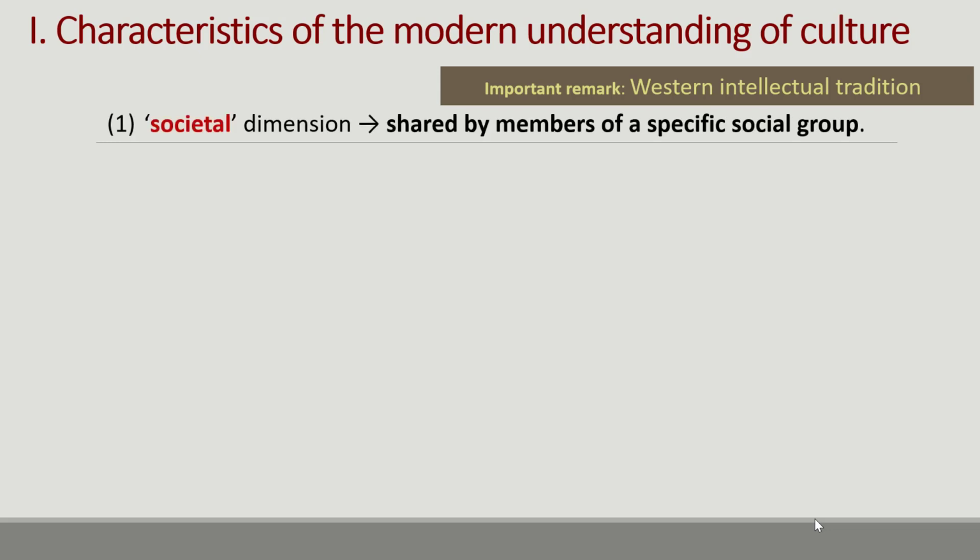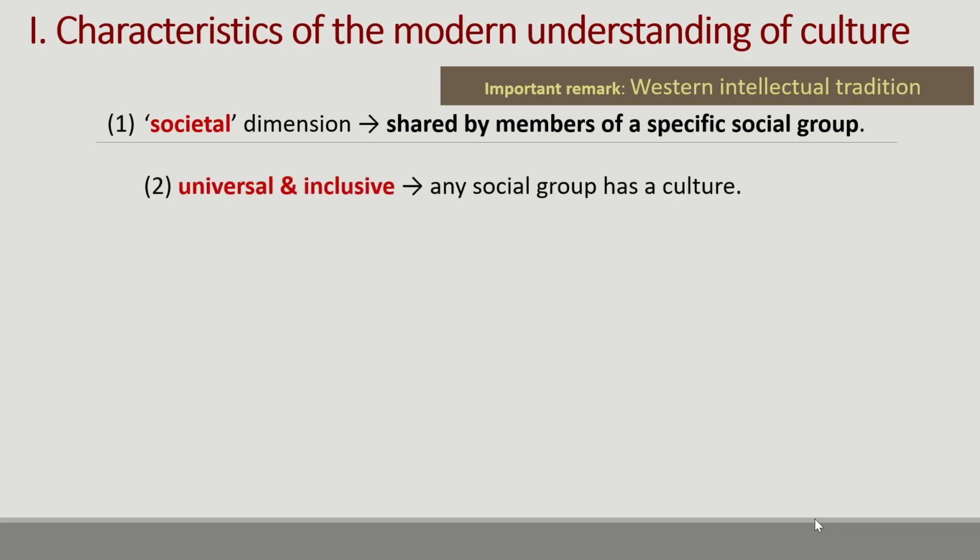The first characteristic is that our understanding of culture necessarily has a societal dimension. We refer to cultural products, practices, or perspectives shared by members of a social group. Also, our understanding of culture is universal and inclusive. For us, any social group, any nation has a culture.